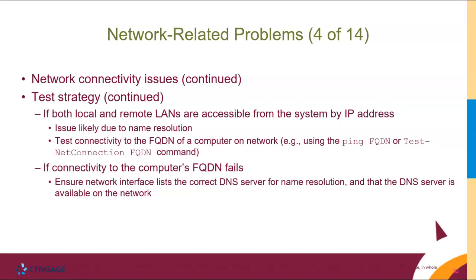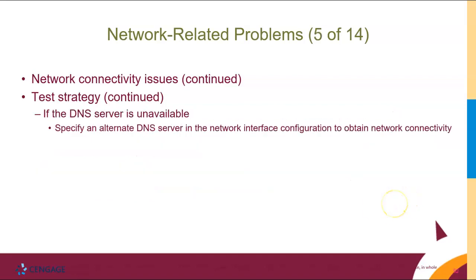If that fails, ensure that your network interface lists the correct DNS server for name resolution and that the DNS server is available on the network. If the DNS server is unavailable, then specify an alternate DNS server in the network configuration, and that should fix the problem for you.